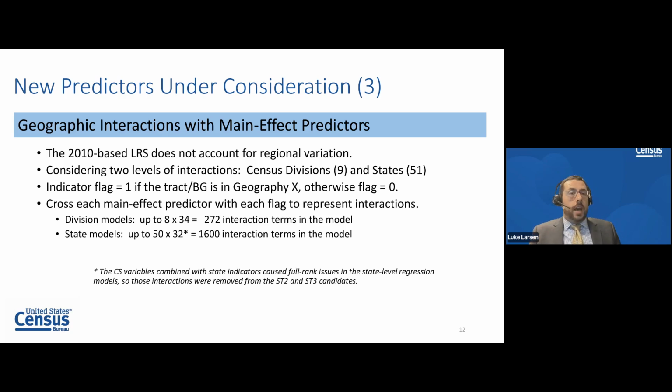And we just create an indicator flag for each of these geographies. And so we have models that are division interactions and models that are state interactions, where we end up crossing those indicator flags with our main effect predictors to get a whole bunch of interaction terms in our models under consideration.